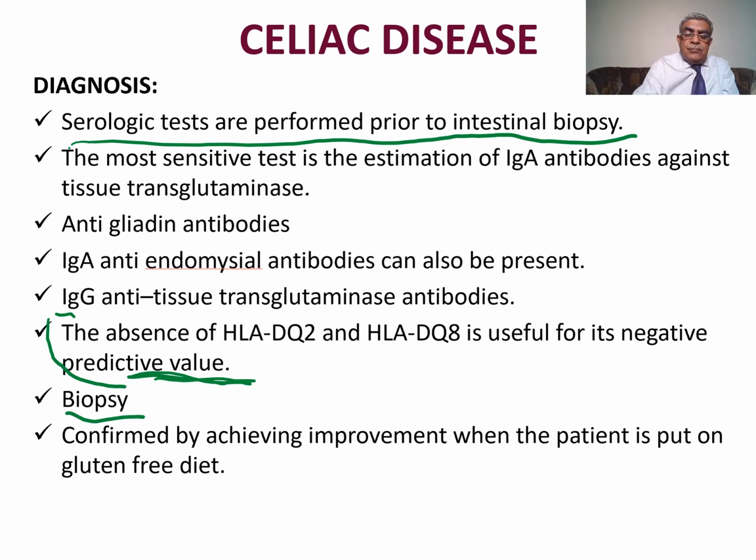Biopsy shows increased intraepithelial lymphocytes, crypt hyperplasia, and villus atrophy. However, final confirmation is also when the patient is put on gluten-free diet.